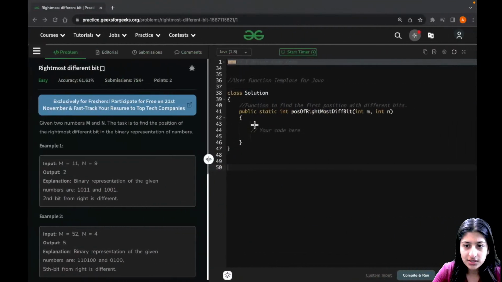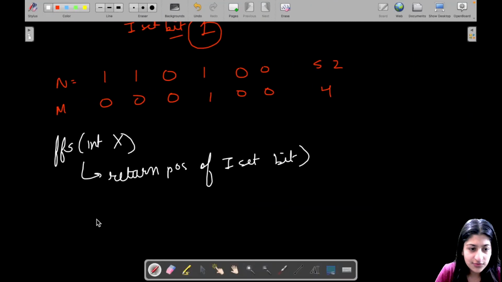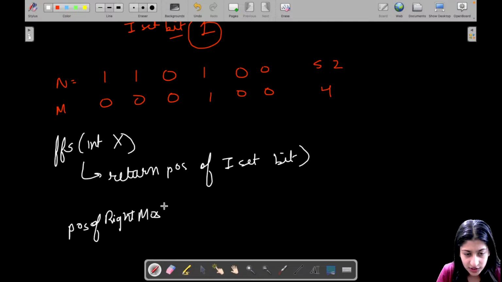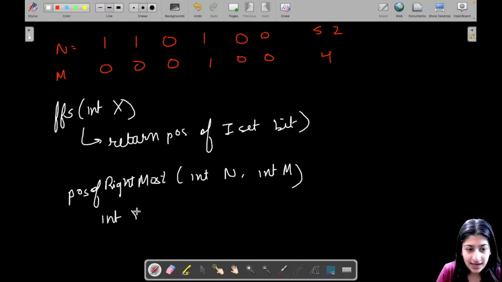So if you see, this is the position of rightmost different bit. Let's say this is the function which takes two numbers, int n, int m. Then I am taking int x, which is n XOR m.